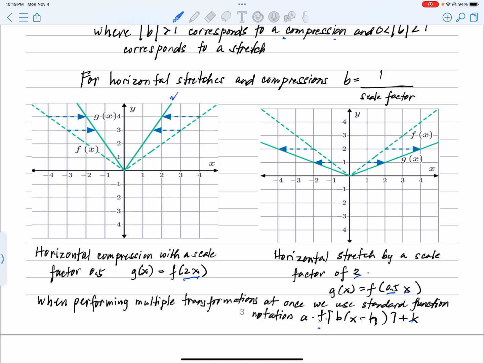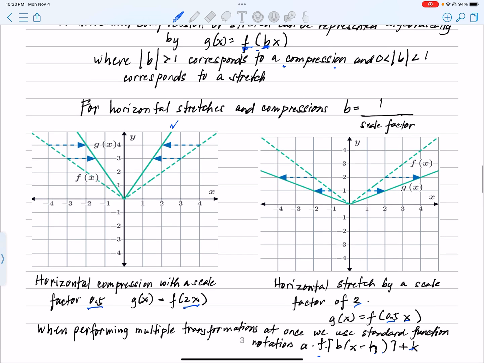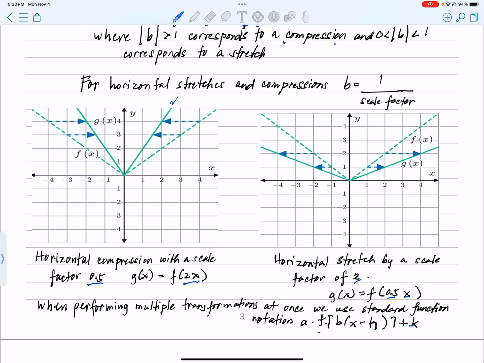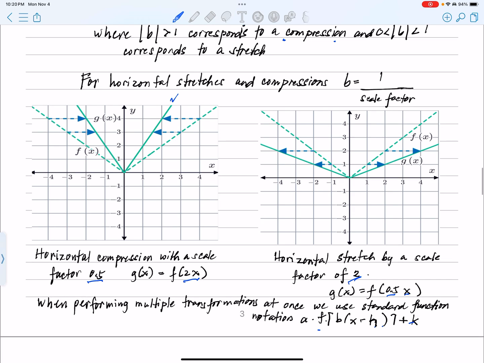So it's compression because the scale factor is 0.5. That's less than 1, that's why it's compressed in the graph. It's stretched here where the scale factor is 2. That's greater than 1, which means it is stretched like this in the graph.